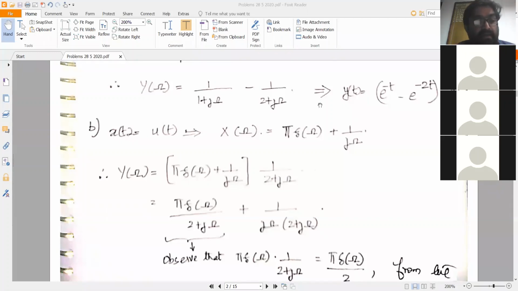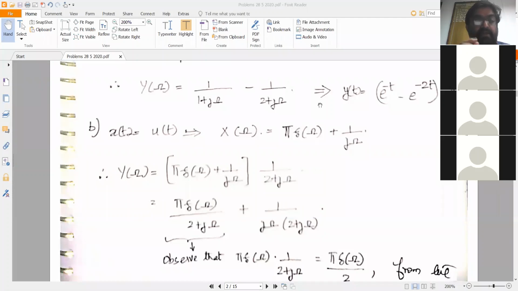So in 1 by s, if you put s is equal to j omega, you are not going to get the Fourier transform of the unit step function. So if the impulse response is the unit step function, then you have to definitely compute using Fourier transform, right?